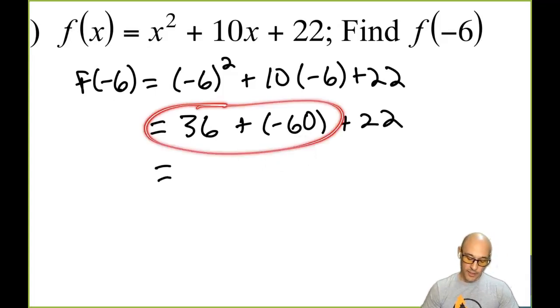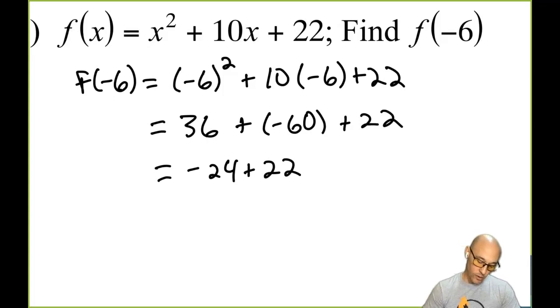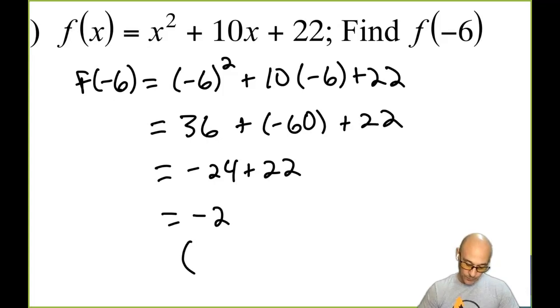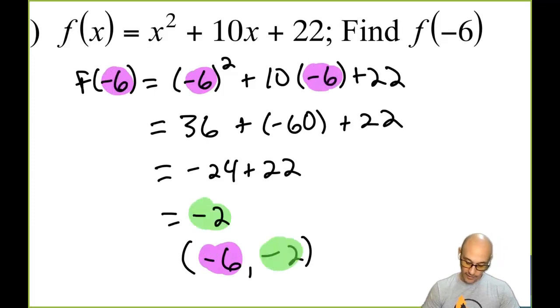Now, 36 plus a negative 60, that's going to give us a negative 24 plus 22, and that will equal negative 2. So again, we have the input of negative 6 and the output of negative 2.